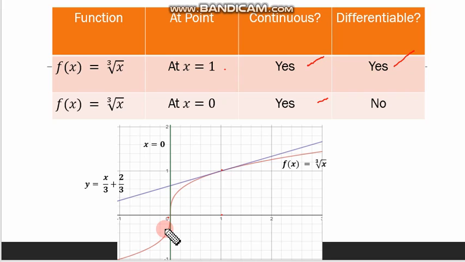According to our lesson previously, there is no slope for a vertical tangent line. Thus, there is no derivative at x equal to 0, and in this case, at x equal to 0, it is not differentiable.